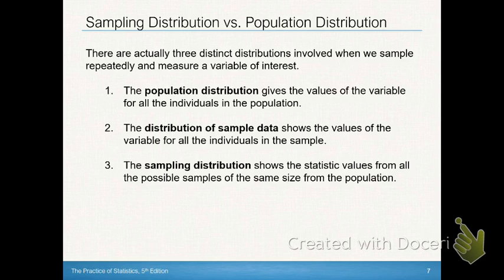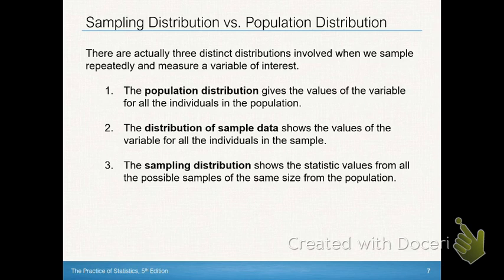One thing that people often confuse is the difference between a sampling distribution and a population distribution. And actually there's a third distribution as well. One distribution is the population distribution. That gives a distribution of possible values for some variable for every single person in the population. Whereas a distribution of sample data shows one single sample.